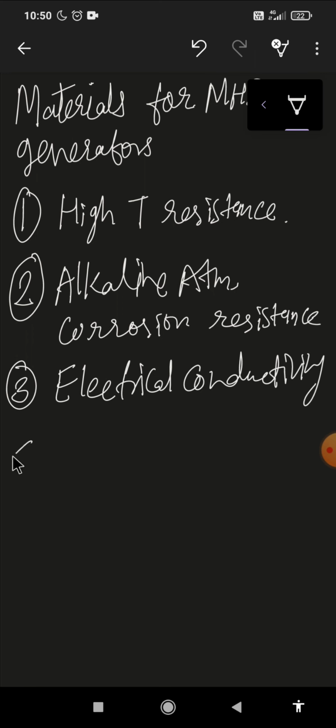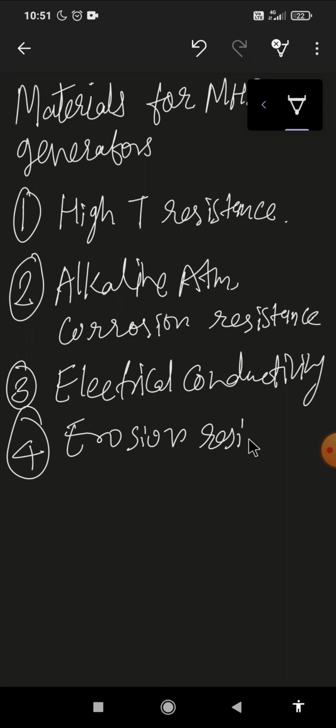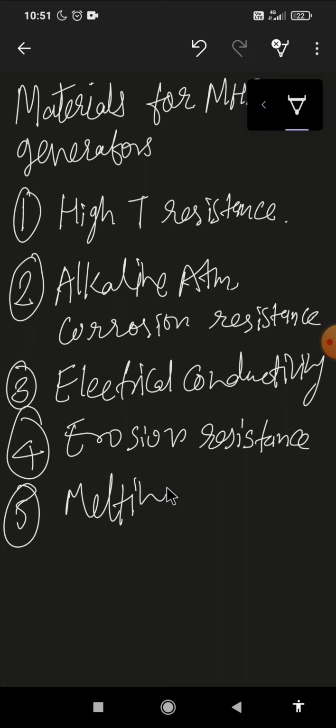Then fourth is erosion resistance, so the material should not be eroded. Eroded means that the particles should not be removed due to the movement of the gaseous particles of high velocity. Then fifth is the melting point of the material, which should be very high, so it is very important.